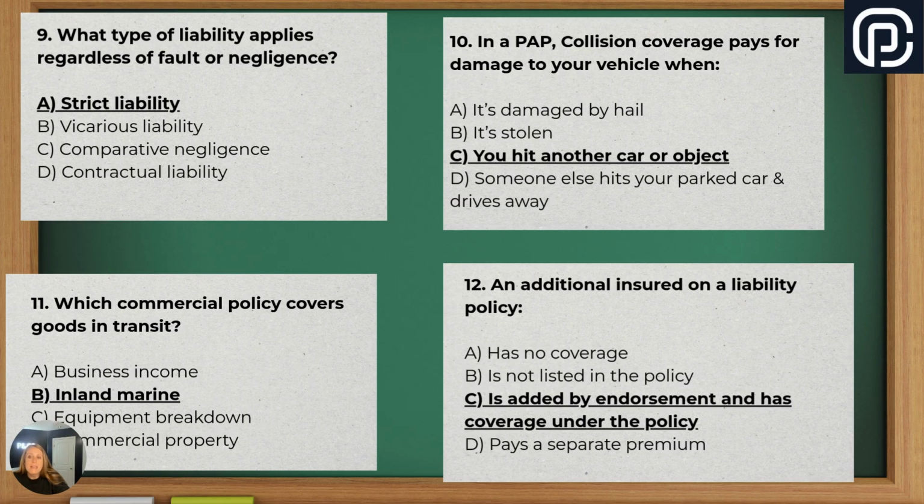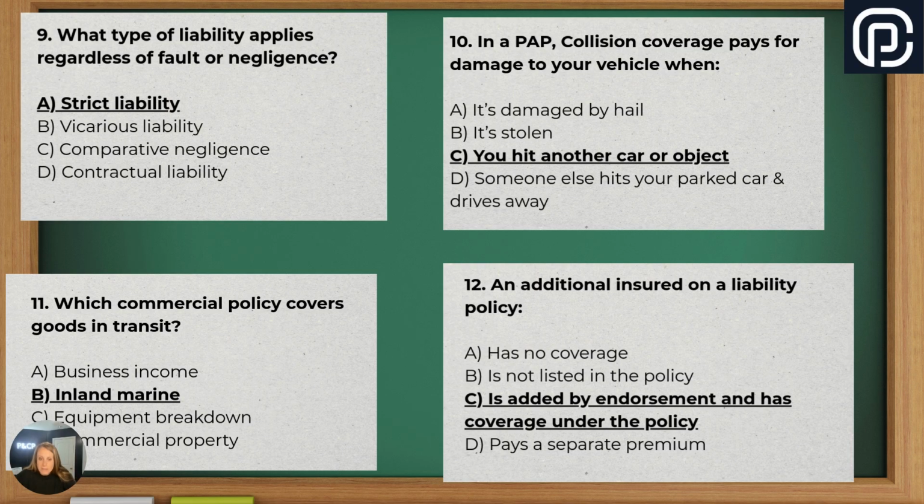Number 10, in a PAP, or a personal auto policy, collision coverage pays for damage to your vehicle when... the answer to this one, of course, is C. You hit another car or object, right? You collide with something. Doesn't matter if it's a car, a guardrail, a tree, right? You're colliding with something else. The only exception to this is an animal.